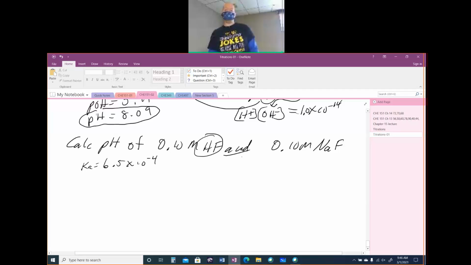When you're given both HF and NaF, it doesn't matter what reaction you write. Actually, in this case, if you recognize this, you don't have to write a reaction at all. But if you don't recognize this as something that doesn't require a reaction, either one is fine. If I have a weak acid and a weak base, I always pick the acid reaction, but it doesn't matter.